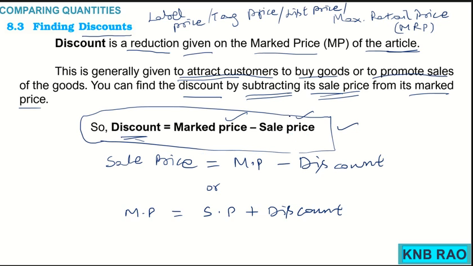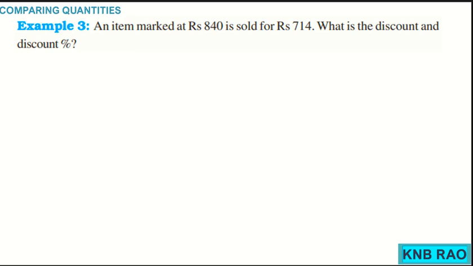Okay. Now, let us get into the example on this discount. Here example number 3 I am discussing. An item is marked at rupees 840 and is sold for rupees 714.